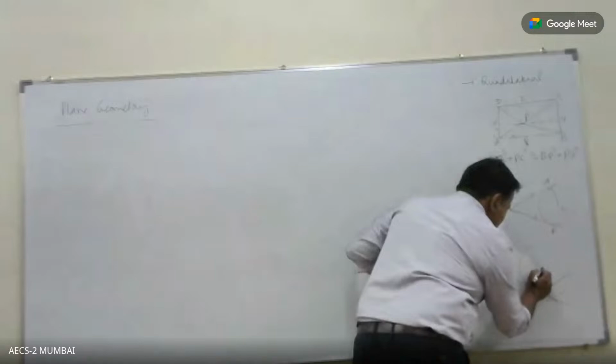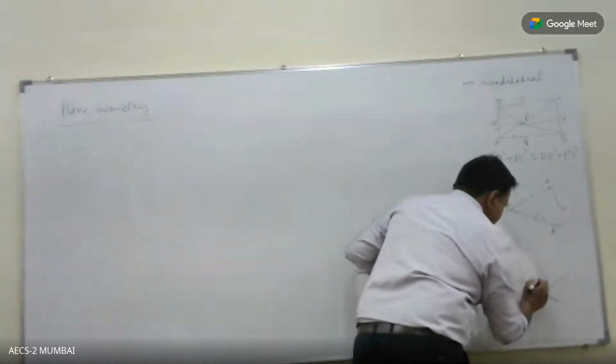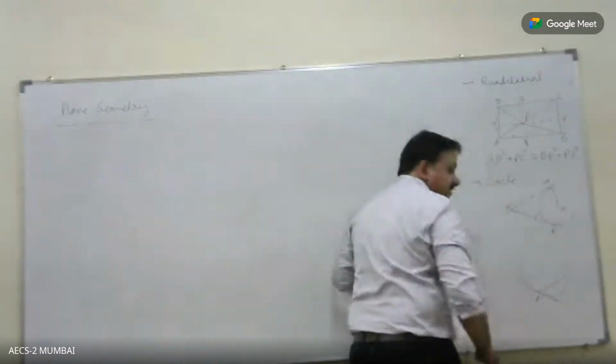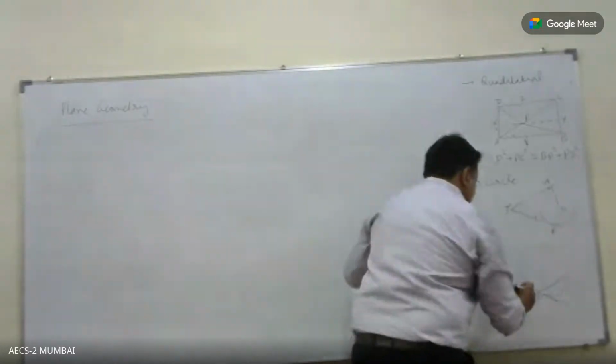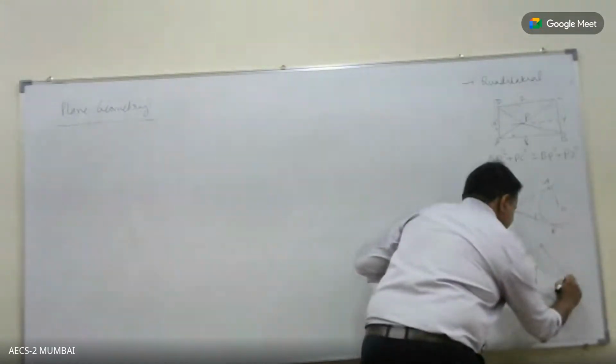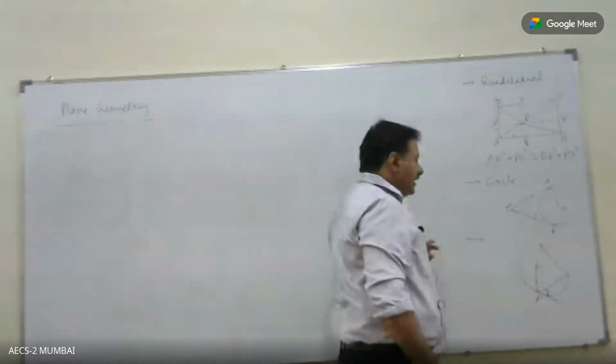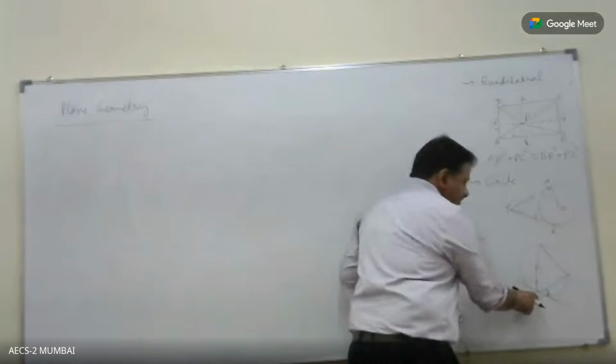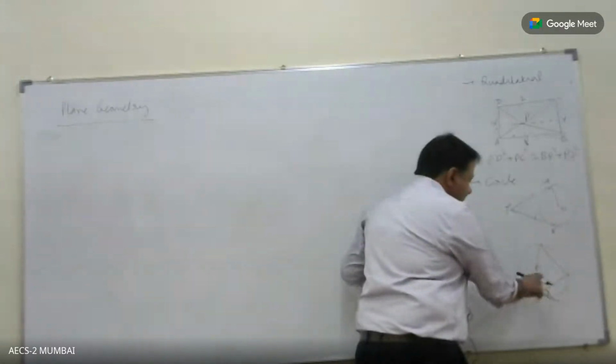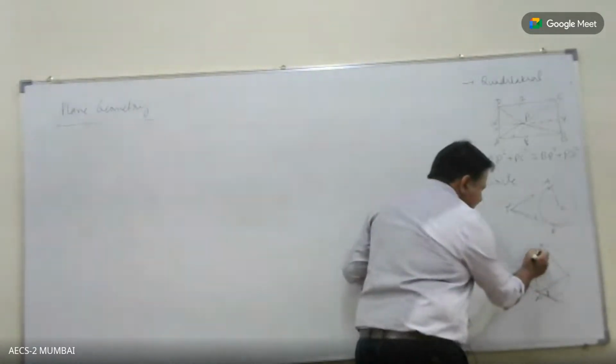Okay. So this is the center of the circle. If I take this angle between the chord and tangent at the point of contact, it will be equal to this angle.